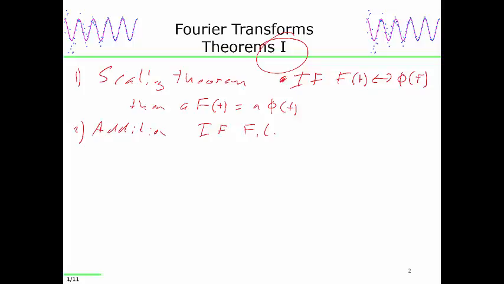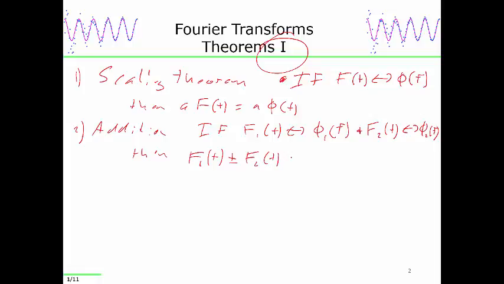If F1 of t has a Fourier transform relationship with phi1 of f, and F2 of t also has a Fourier transform pair, then the sum of the two also has a Fourier transform, which is the sum of the transforms.